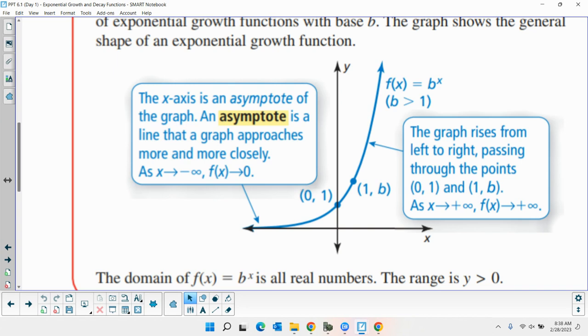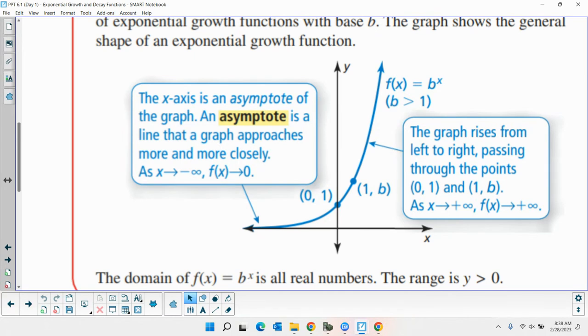This graph never touches the x-axis. That's called an asymptote. A line that your graph approaches but never actually intersects with, and never actually touches, is called an asymptote, okay? So the domain, your possible x values could be anything, all real numbers, from negative infinity to positive infinity.